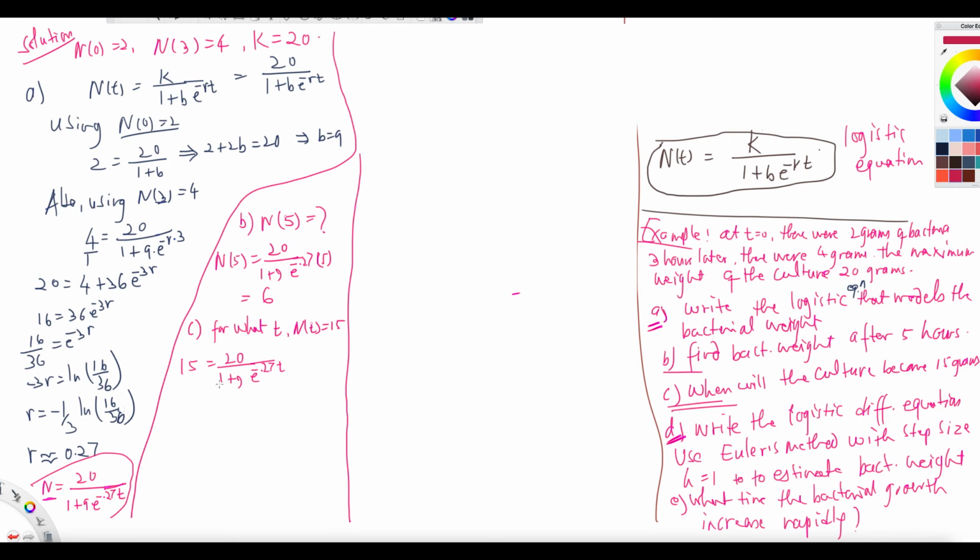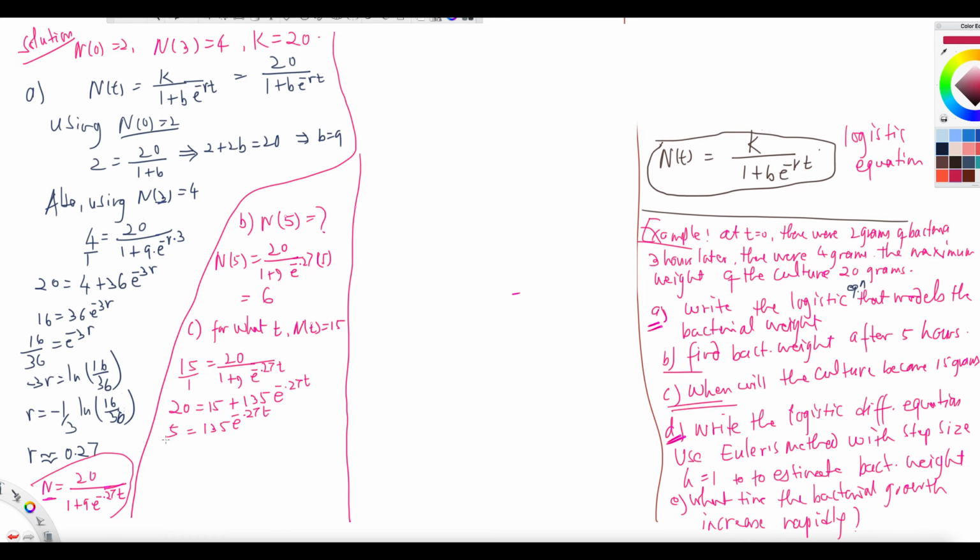And then you just do the cross multiplication, right? You do 20 equals 15 plus 135 e to the negative 0.27t. So you subtract 15, you will get 5 equals 135 e to the negative 0.27t.